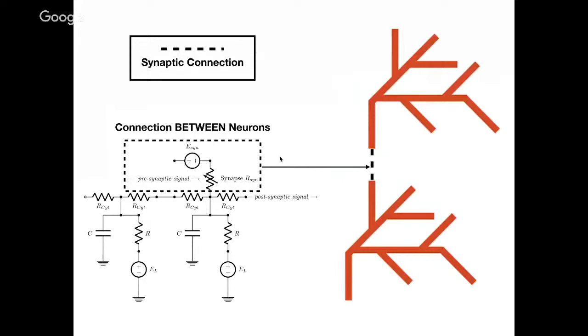So for example, in the Connectome data, we would see these two branches that you see here connected. There would be an ID on that telling you, oh, this branch has a connection and it's connected to the neuron below.